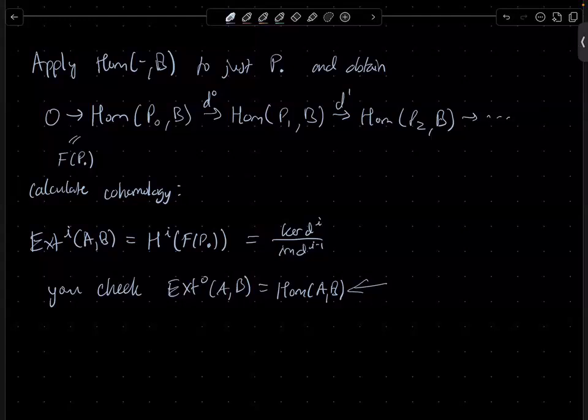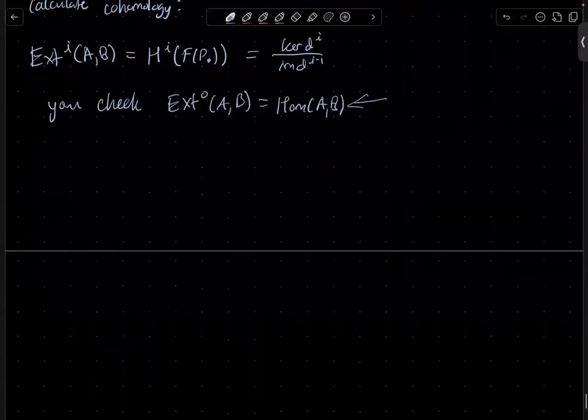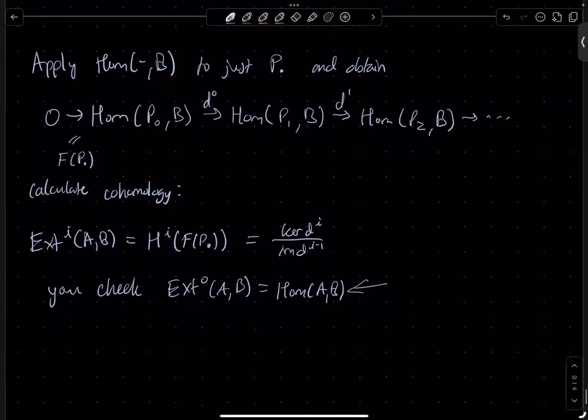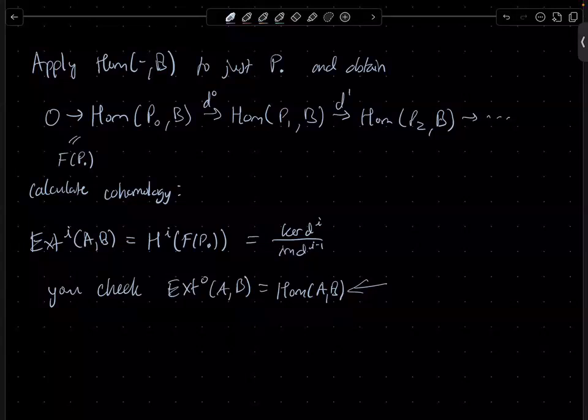So 10 minutes left. What other remarks can I make? Yeah, so I mentioned that I don't really calculate with injective resolutions. At least from my experience, it is typical to use a projective resolution, and even more specifically, a free resolution.